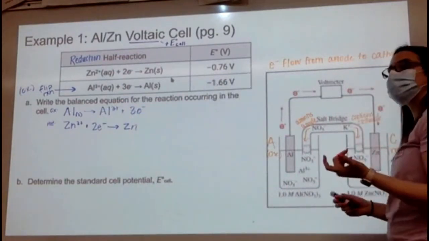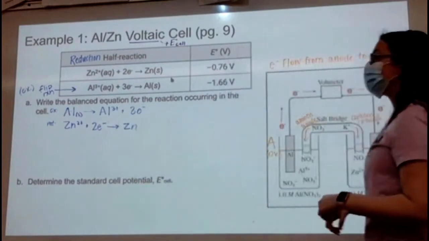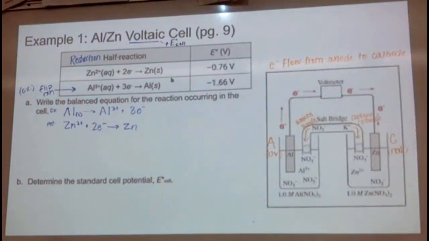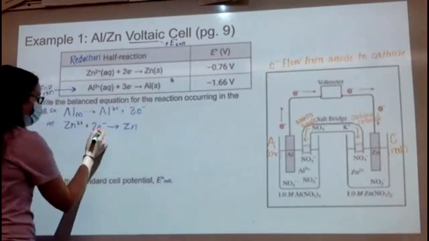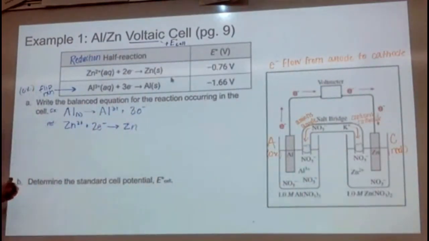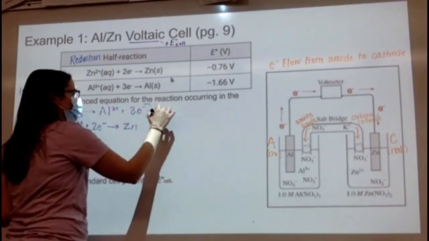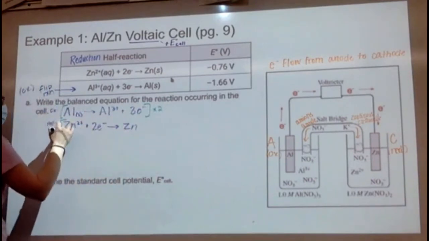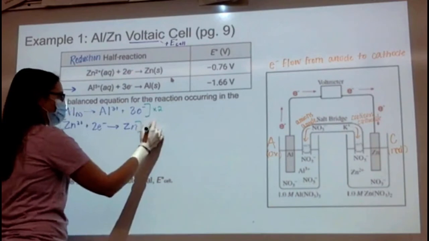Make the electrons equal. So I know I need to make the electrons equal, and then I can cancel them out. Because we never see electrons in an overall reaction. So what can I make both of these electrons equal? 6. So I'm going to multiply this top one by 2. And I'll multiply the reduction half reaction by 3.